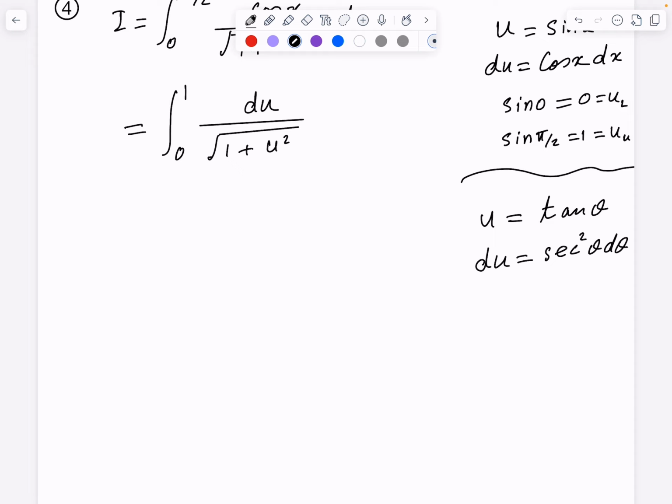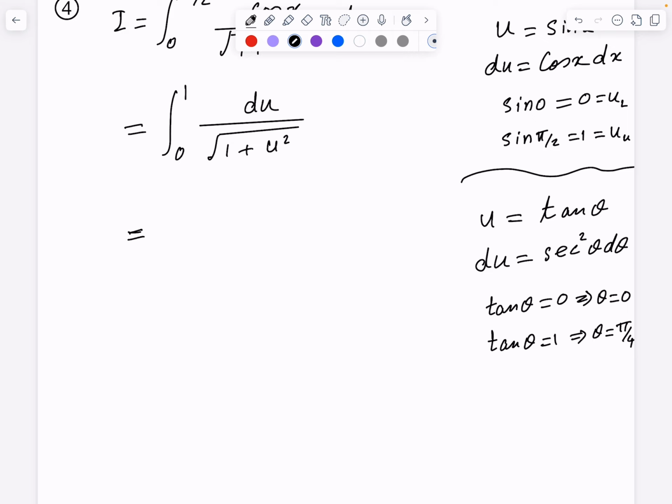For theta, what do we get? Tan theta being 0 yields theta being 0. And tan theta being 1 gives us theta being pi over 4, because tan pi over 4 is 1.